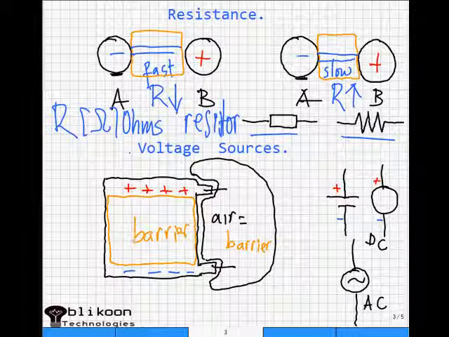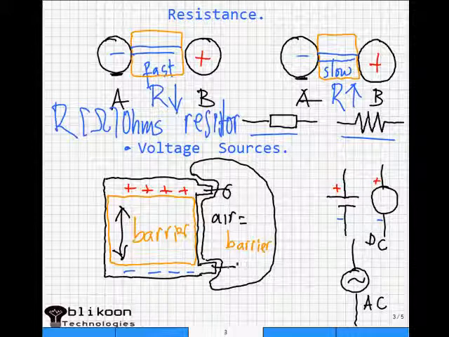Voltage sources are devices we get voltage out of. It is inside these devices that the great work of moving charges apart and barrier introduction happens. We move charges apart, and we get voltage between the two terminals of the voltage source.